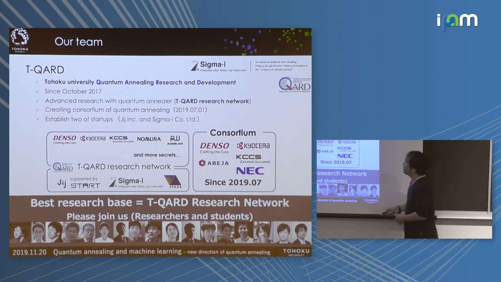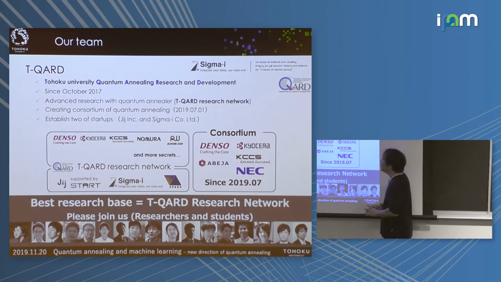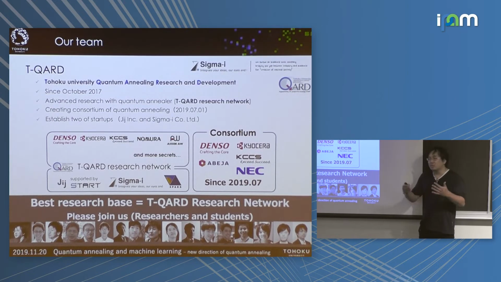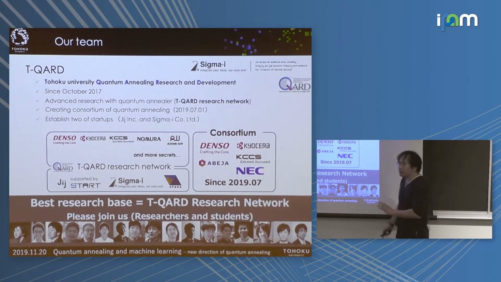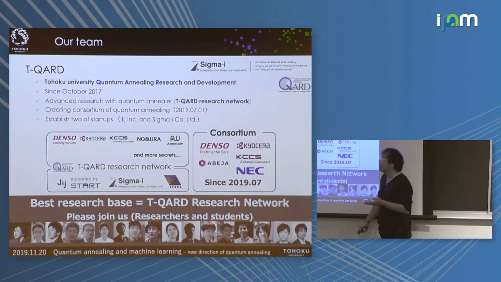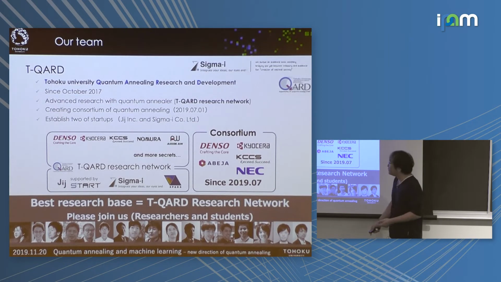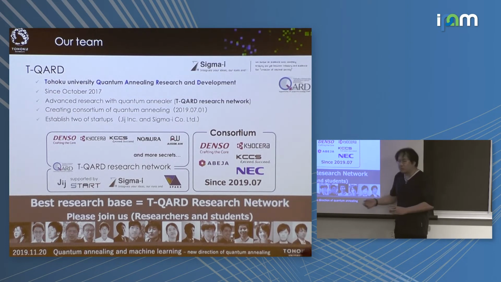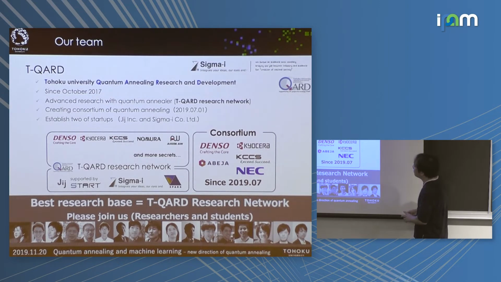And we have established two startups. The first one is JIJ Inc., creating software for using the D-Wave 2000Q or some models, using some hardware. The second was Sigma I, which implements the D-Wave 2000Q and provides machine time with some benefit research engagement.